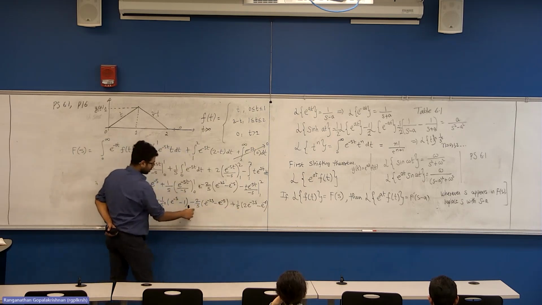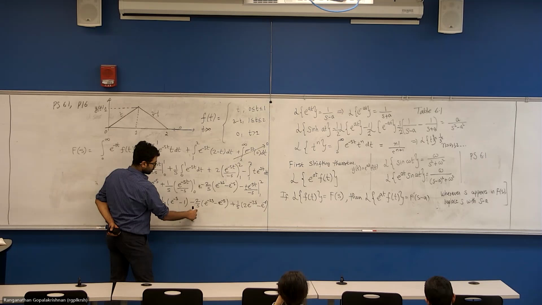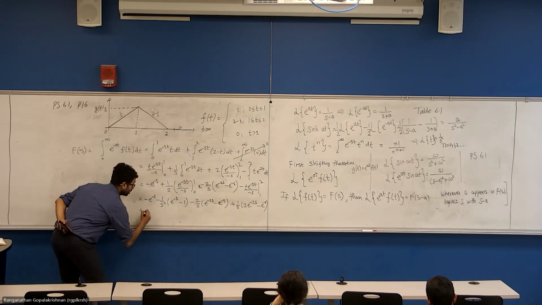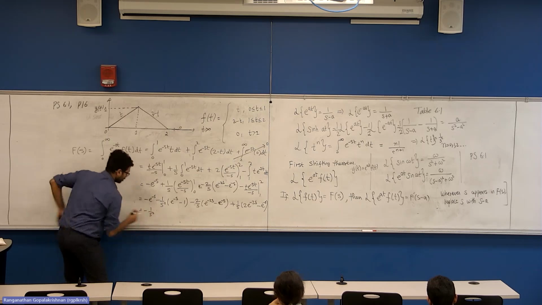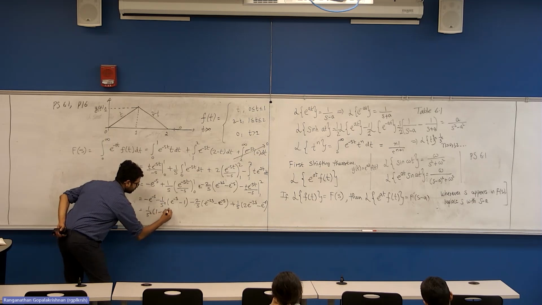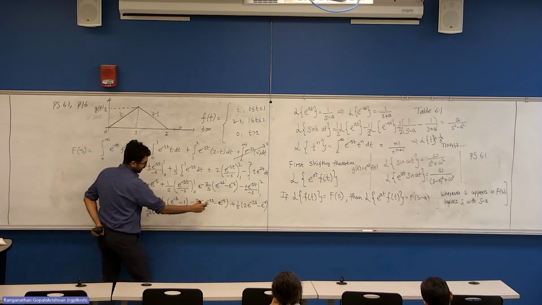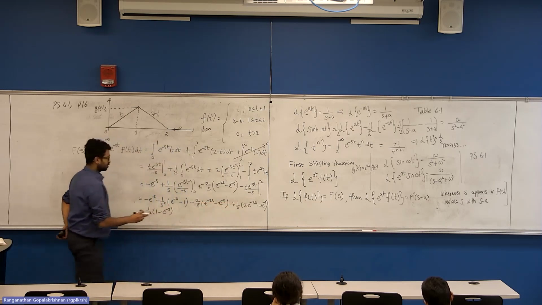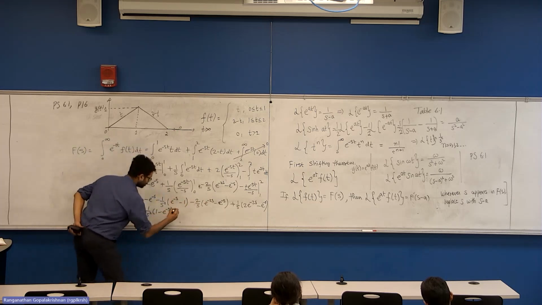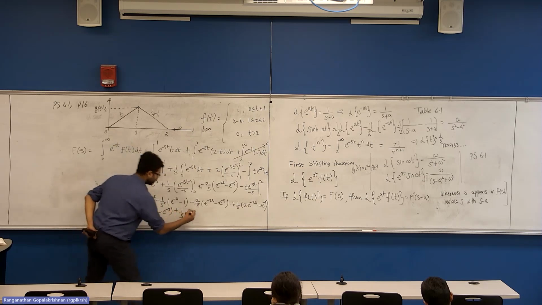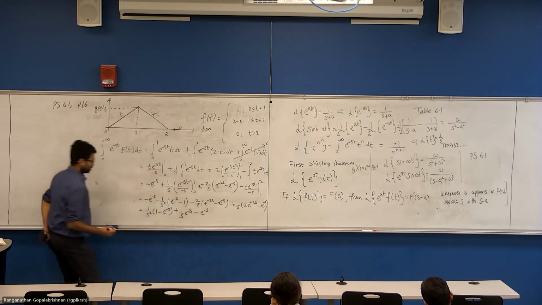One goes away. This is plus, this is minus. So I have minus 1 over s squared, or 1 over s squared times 1 minus e to the power minus s. So this cancels away. 2 over s, 2 over s, e to the power minus 2s, e to the power minus 2s, minus plus, that goes away, plus, that is minus, so plus 1 over s, e to the power minus s, minus e to the power minus s.